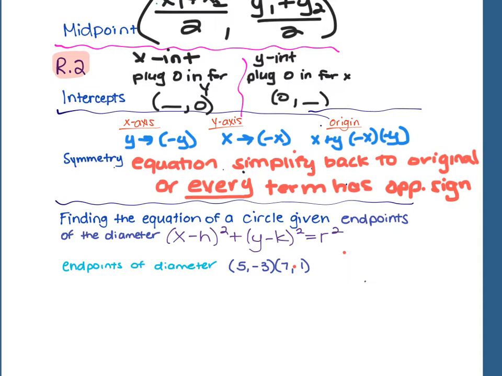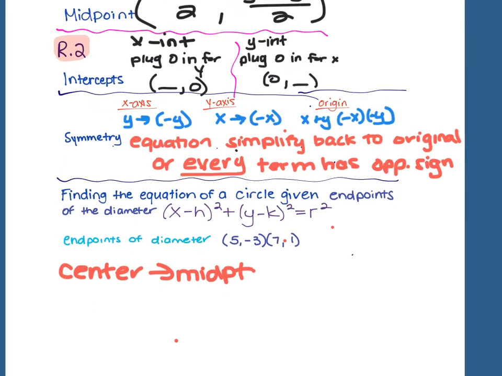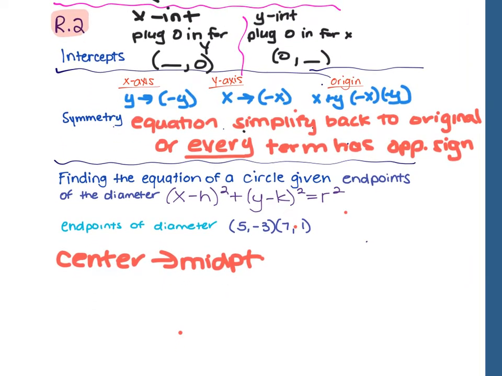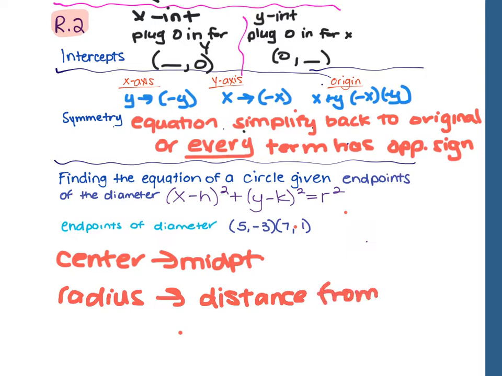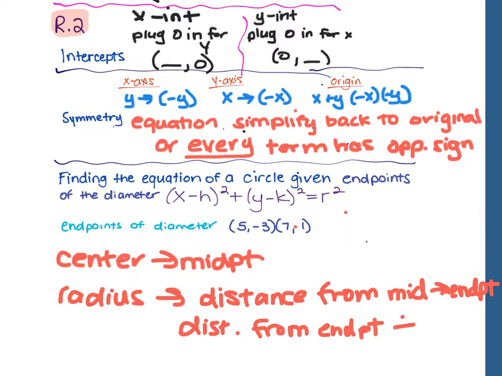So this is finding the equation of a circle given the endpoints of the diameter. So I'll work the rest of this out when you guys aren't here. But to find the center, we just talked about this. We would do what? We're going to find the midpoint. And then we have choices. To find the radius, I can either find the distance between the midpoint and an endpoint, or I can find the distance from endpoint to endpoint, but divide it by 2.